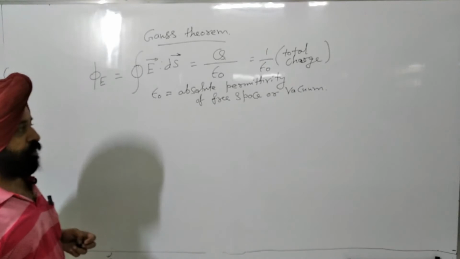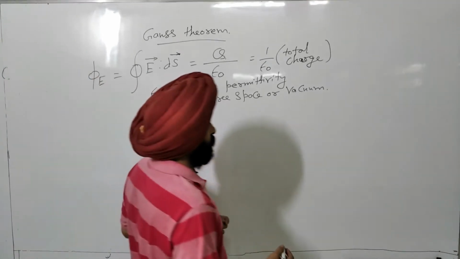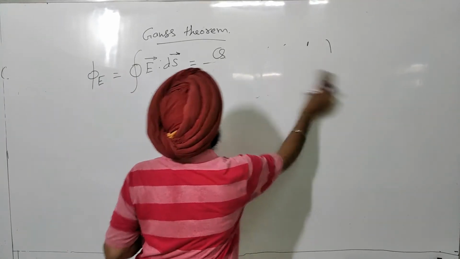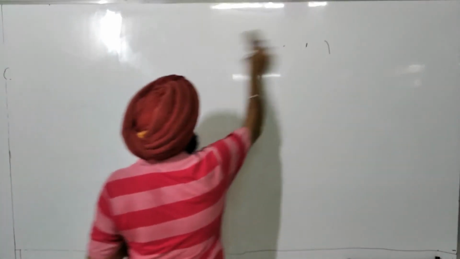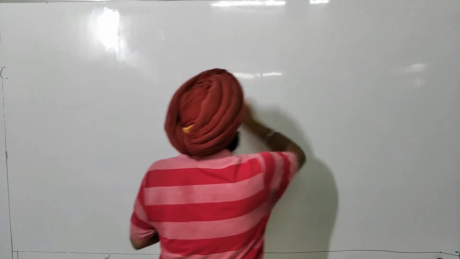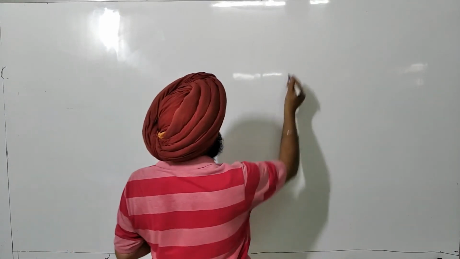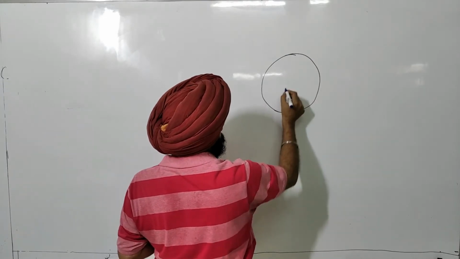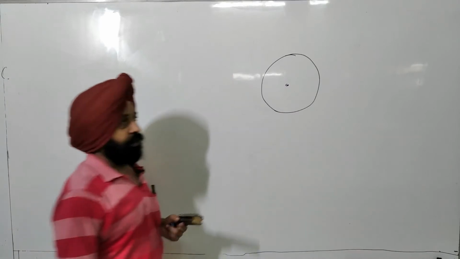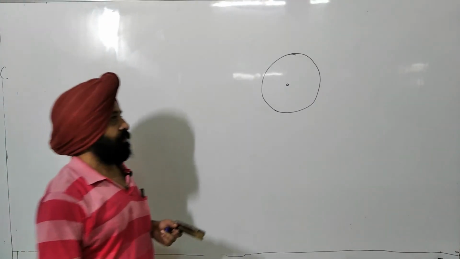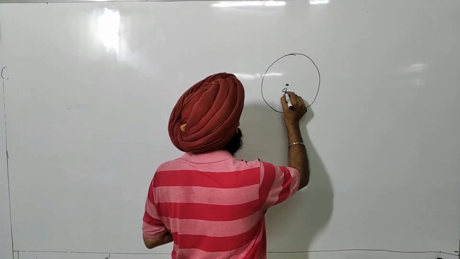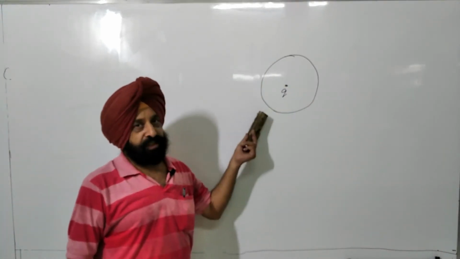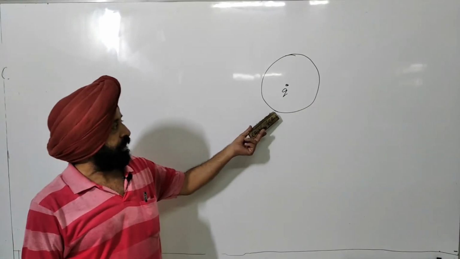Now we have to prove Gauss theorem. We take a surface, a spherical surface, so it encloses the charge, suppose Q. The charge is inside the spherical surface.